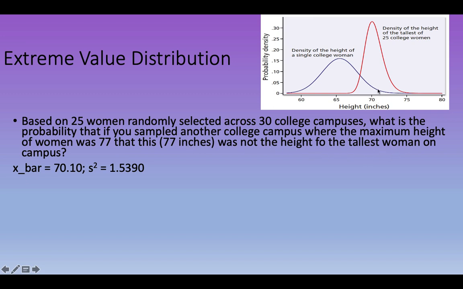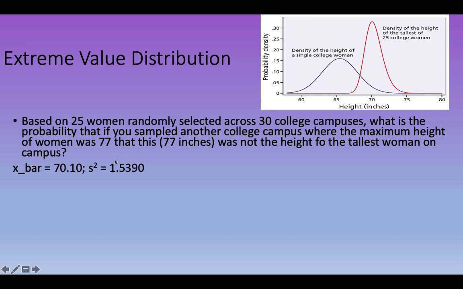So what's the probability that if I sample 77, I could find another woman who's actually taller? This could be a very useful thing to calculate, because you might want to know, do I have to keep sampling to get this distribution, or can I stop?